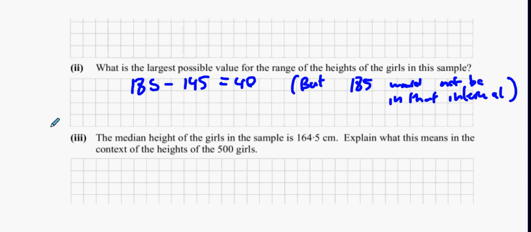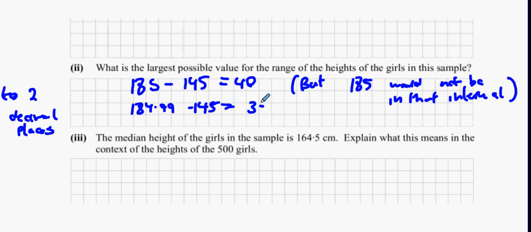So I'd say 2 decimal places. To 2 decimal places, I think it's 184.99 take away 145 equals 39.99. If I'm being really to the letter of the law, that's how I do it. It doesn't mean it's right.